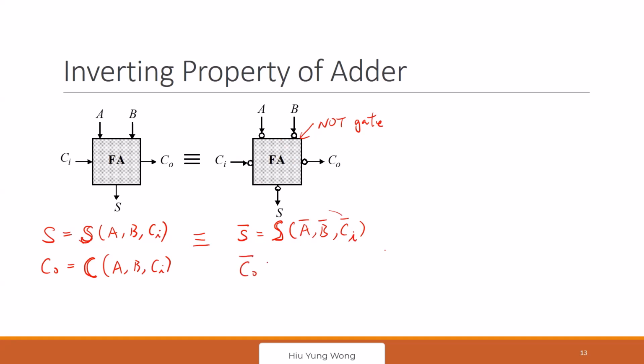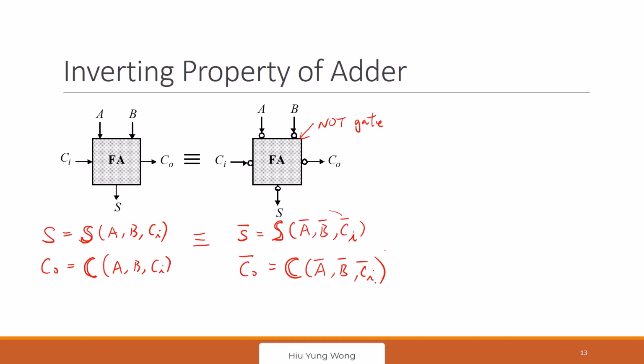That is the inverting property. You can prove it, but that's all I want to talk about because we're going to use it later. I hope you understand this is something very interesting. For an adder, it turns out that it has this special property and you can use it to save some of the logic. Probably not in your project.